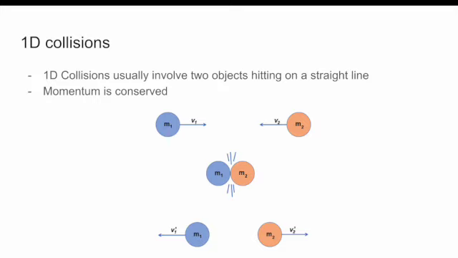So momentum is conserved. As you can see, this m1 ball is traveling at speed v1 to the right. This m2 is traveling at velocity v2 to the left. So this one we take as positive, this one we take as negative. So we have m1v1 and then minus m2v2 as the initial momentum.